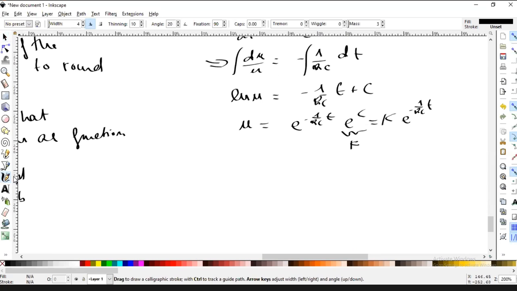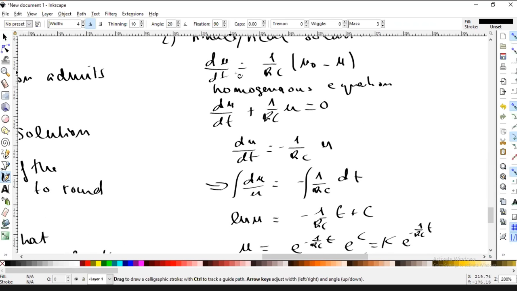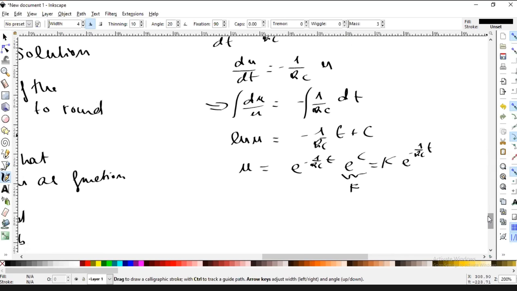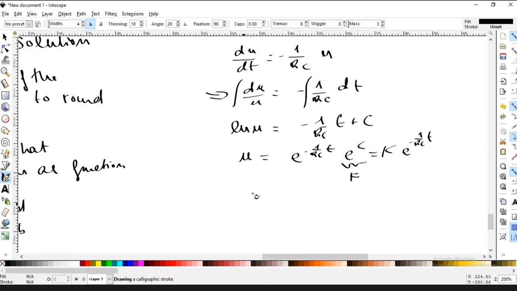For this k, you will replace it, so this is the solution of the homogeneous equation. If you want to get the solution of this equation, you have to use u equals k of t, so this constant you make depend on t. This is called the method of variation of the constant.